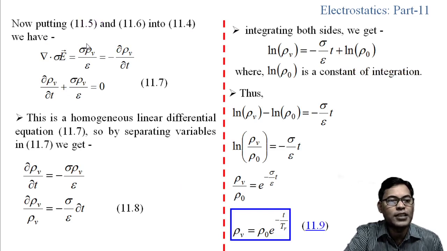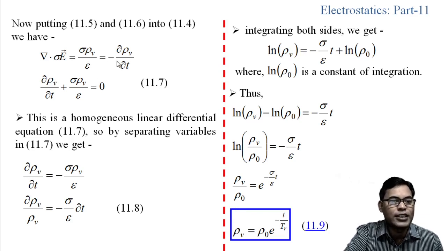So if you multiply by sigma, we will get that expression, and this is equal to minus dou by dou t of rho V, that we can get from expression 6.